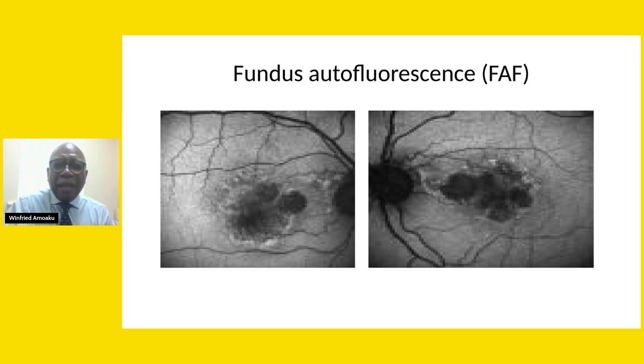But in certain conditions, you lose that autofluorescence. For example, in this case, with geographic atrophy or dry macular degeneration, the dark areas show you where the photoreceptors and the retinal pigment epithelium have been lost, and therefore map out very well for you which areas the patient cannot see in.